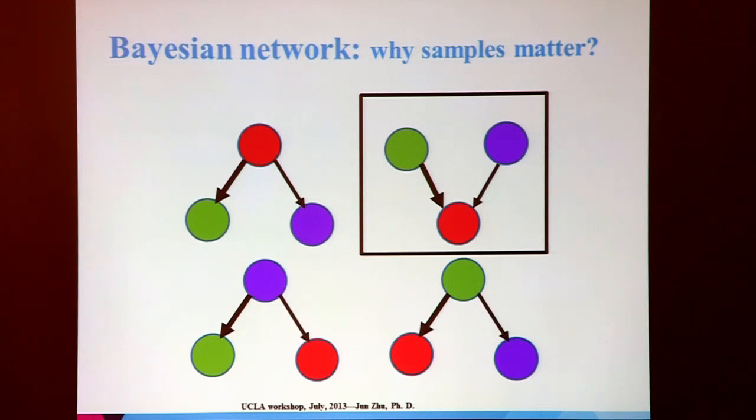So ideally, if you have a large number of samples, and what we capture is a nonlinear form, then you can end up with this structure. But if everything is linear, you still have a problem. So ideally we need a large number of samples, and ideally some interaction. Then you can uniquely identify this one.